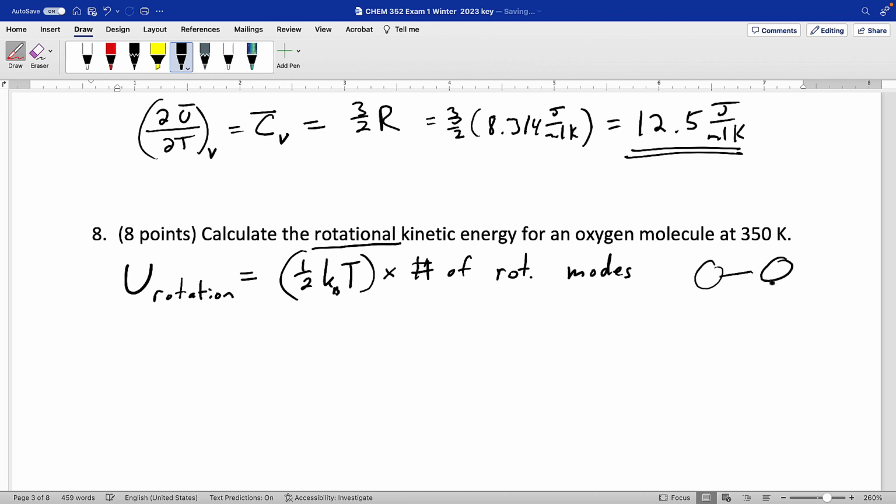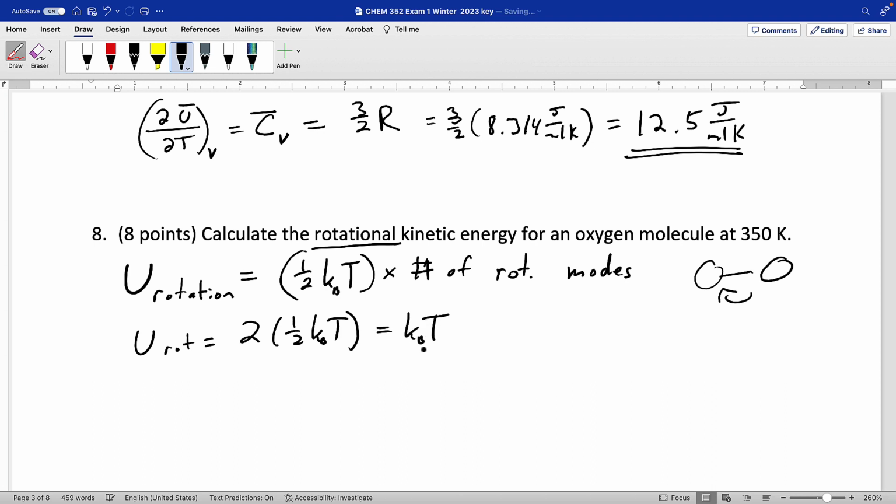So there's 2 different axes of rotation, right? We could rotate this out of the plane of the board, or we could rotate it within the plane of the board. So there's just 2, since it's not a 3-dimensional object. So U rotation is going to be 2 times 1/2 kT. So just kT.